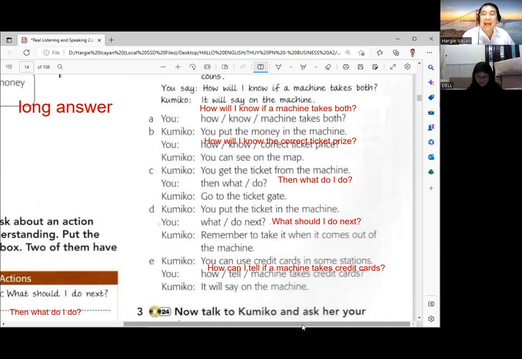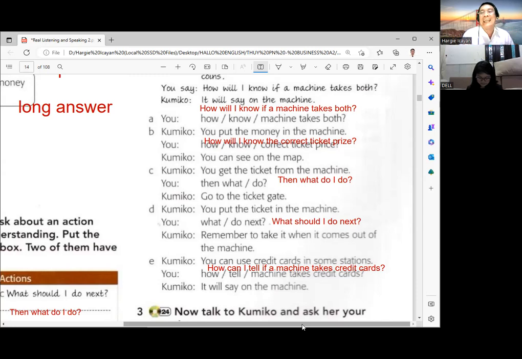Have you experienced talking to a foreigner that has a slang intonation like, "Oh, what do I do next?" Something like that, right? "How will I know the correct ticket price?" If that would be the case, you will not understand them. So there are countries like that, Toy.